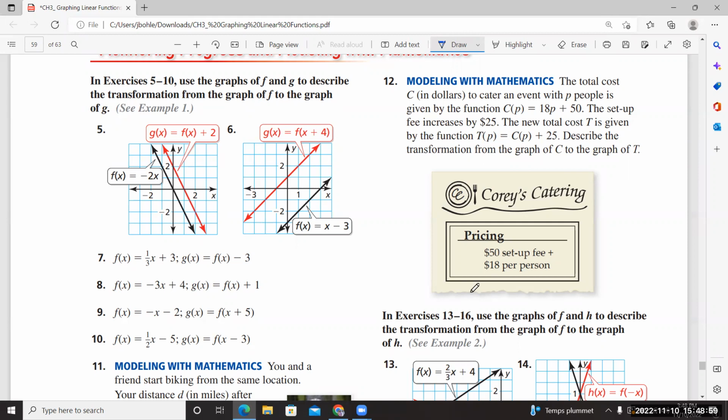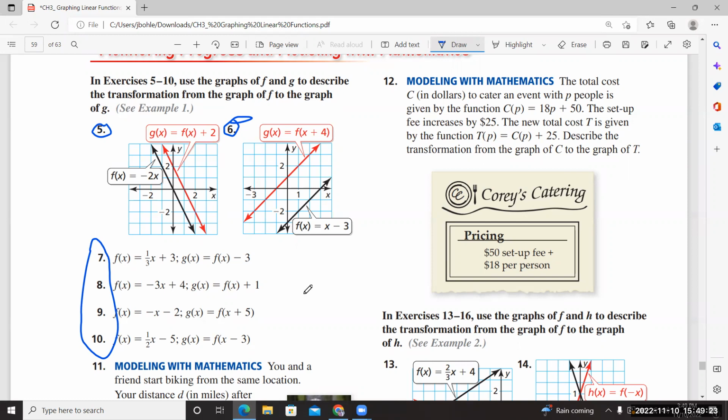Okay, so your assignments are going to be problems 5 through 10: 5, 6, 7, 8, 9, 10. All you have to do is describe the transformation, right, like reflect over x-axis, reflect over y-axis, things of that nature.